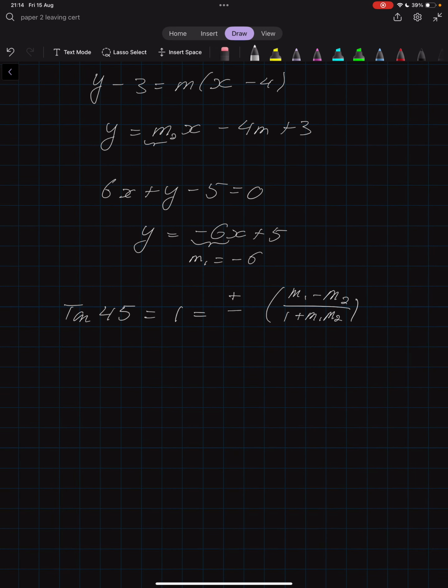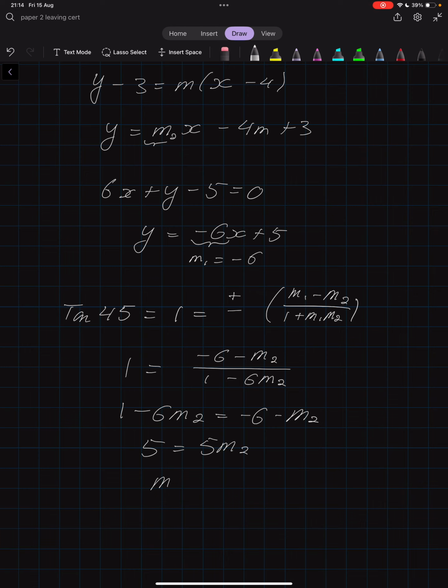Let's let it be the plus first. So 1 equals (minus 6 minus m2) all over (1 minus 6m2). Cross multiply, I get 1 minus 6m2 is equal to minus 6 minus m2. Bring them over, I get 5 equals 5m2. So m2 equals 1. If m2 equals 1, then we get an angle of 45.